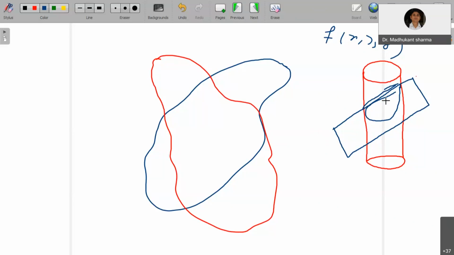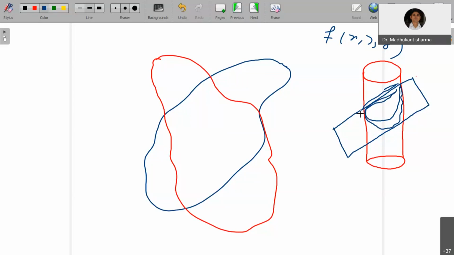If you cut it, that curve which you obtain, that intersection curve, lies on both of the surfaces. Earlier you had only one surface, so that's why you took grad f parallel to grad g. Now you have an intersection of two surfaces, and they will intersect in a curve.